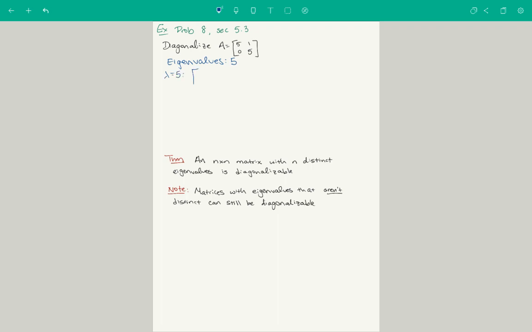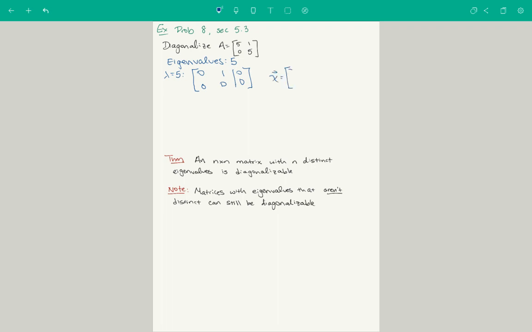So we're going to take A minus lambda I, and here lambda is 5, so this will give us 0, 1, 0, 0. And we look at this homogeneous system, and we want to know what the basis for this is. Well, it's already in reduced form.